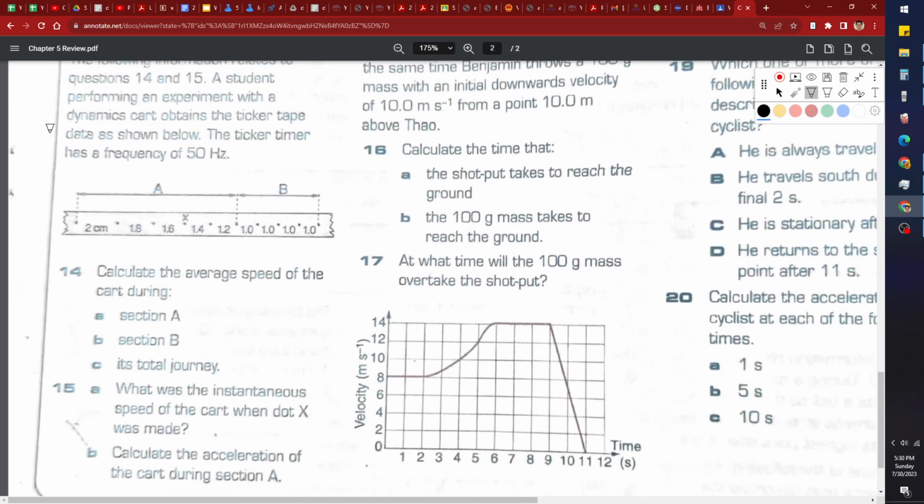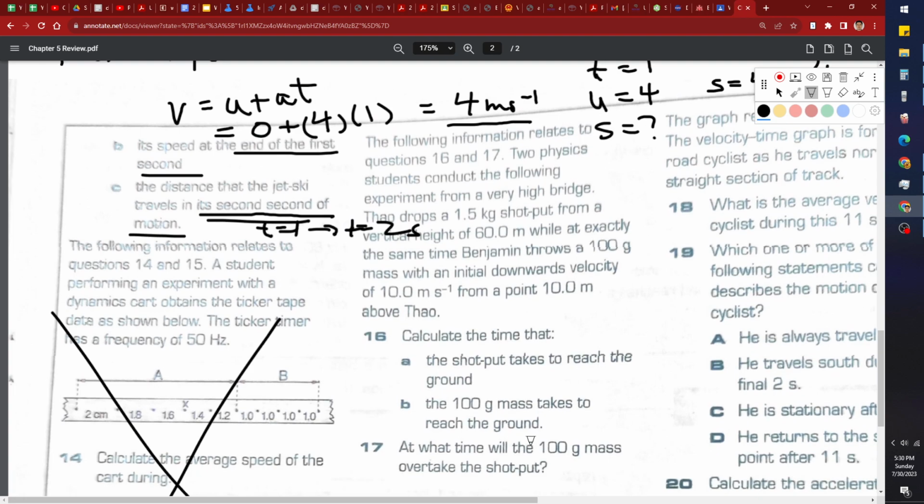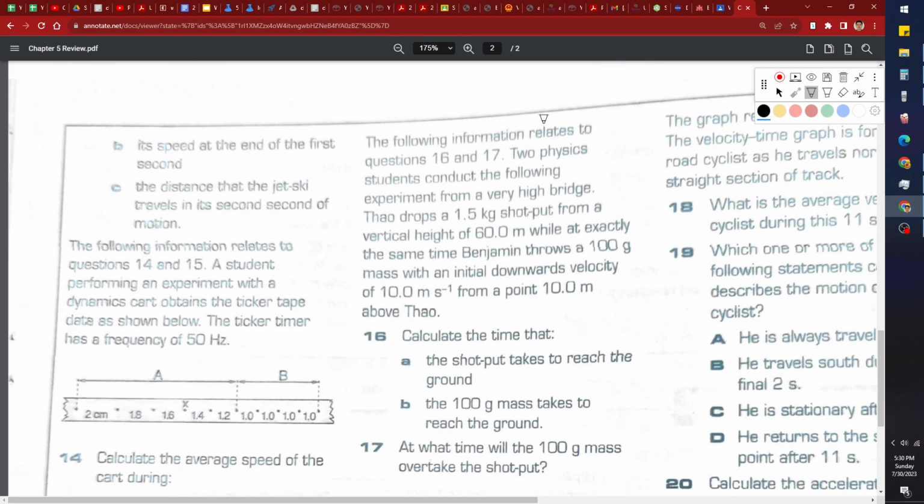Okay, 14 and 15 we were not going to do, so we're going to skip to question 16. The following information relates to question 16, okay, and 17. Two physics students conduct the following experiment from a very high bridge.